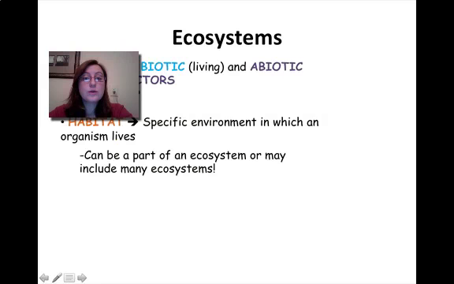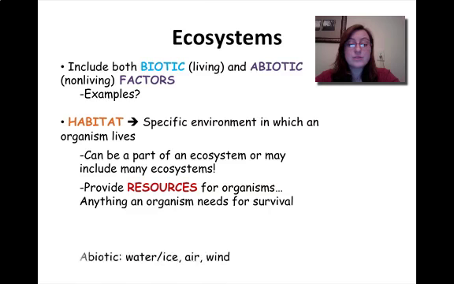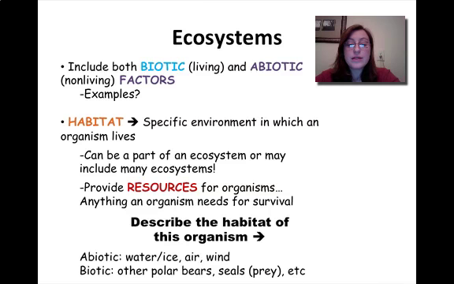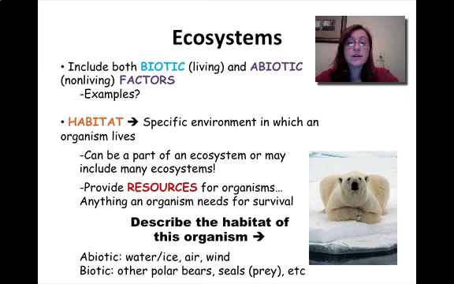Alright, so when studying at an ecosystem level, we want to look at how these living and non-living things affect a certain individual. So biotic and abiotic are our vocabulary terms for this page. Bio, we see the prefix here, meaning life.